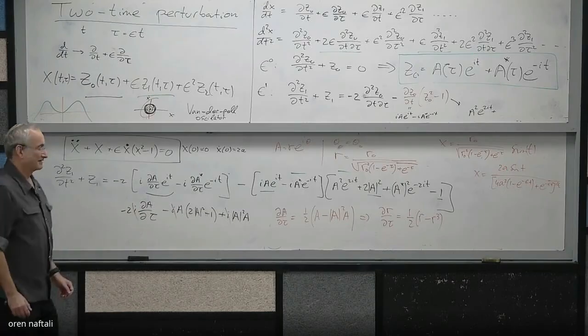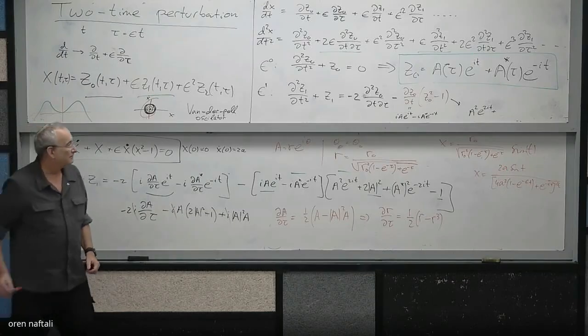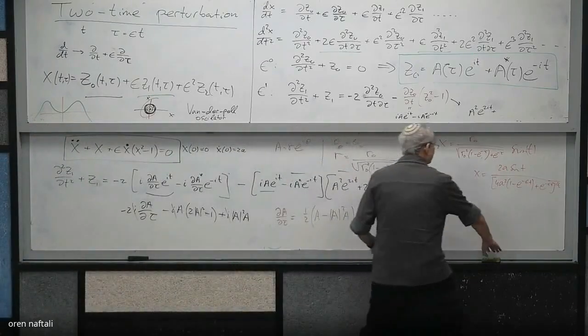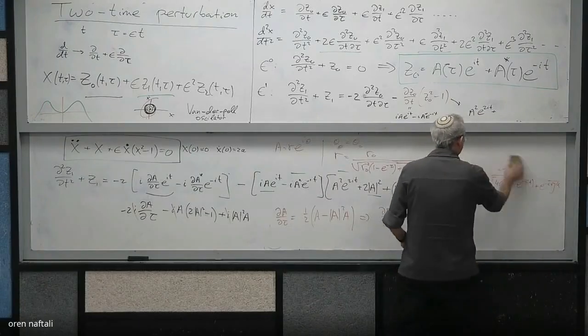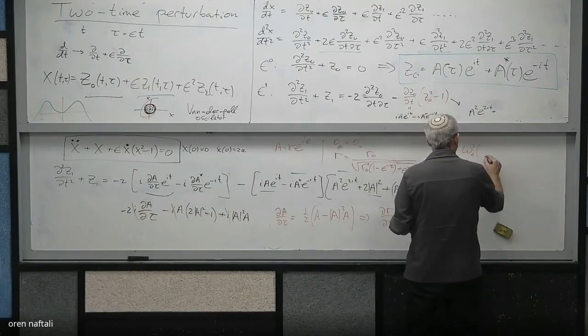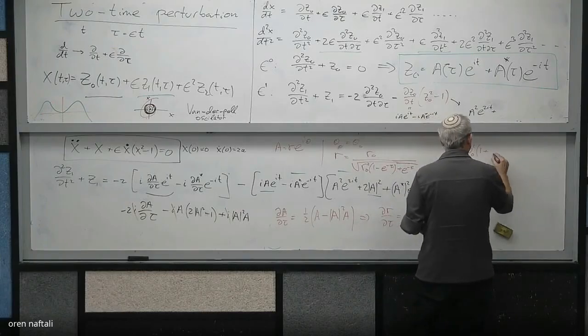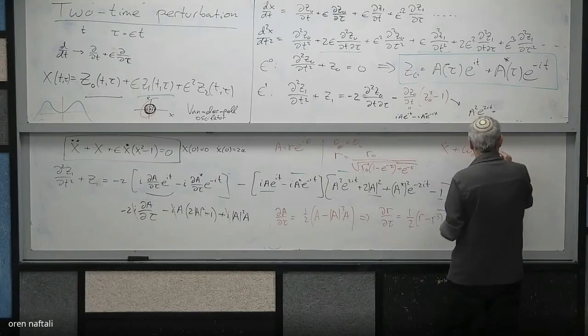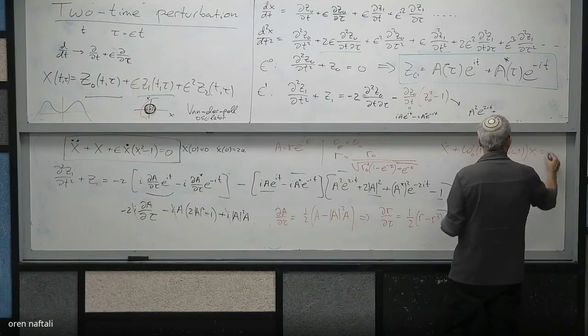This is like having such an equation: x double dot plus omega naught squared times 1 plus epsilon cosine omega t, times x, equals 0.